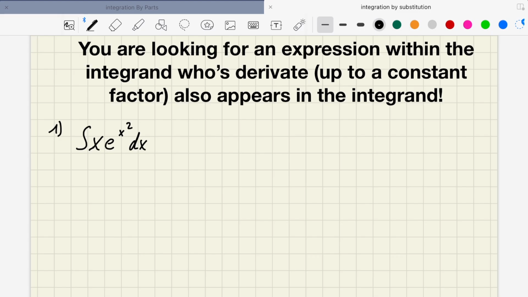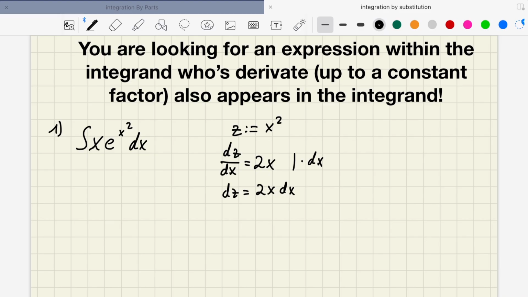So we are going to do that. Our substitution variable, let's call it z. We substitute x squared. Okay, so now we differentiate. We write dz/dx is equal to 2x. All right, and now we multiply with dx and we have dz is equal to 2x dx.